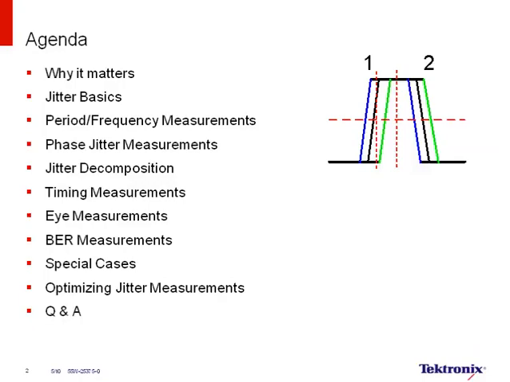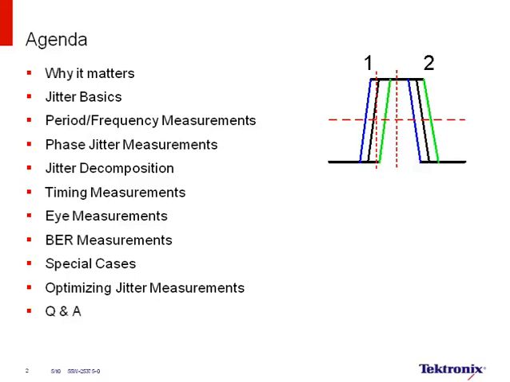The agenda for today: first, we need to get into why we need to perform and make these measurements. Next, I will provide a very quick overview of jitter basics. The first category of jitter measurements we'll discuss today are the fundamental period and frequency measurements.